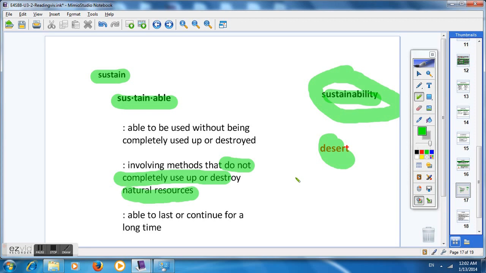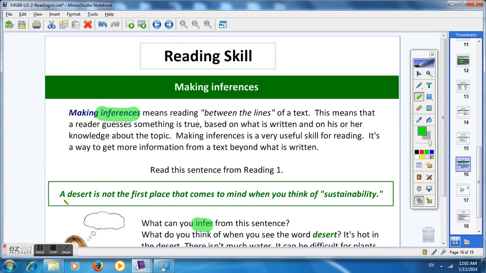This is, of course, like the last thing that you're going to think about when you say a desert. We cannot really think that it is associated with natural resources. Maybe when we think about rainforest or agricultural lands, then that will be okay. So let's go back to the statement. That is why it says a desert is not the first place that comes to mind that you think of sustainability.